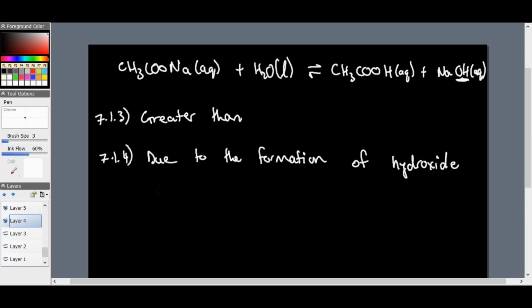This would basically mean that, due to the formation of hydroxide, the pH is going to be greater than 7.